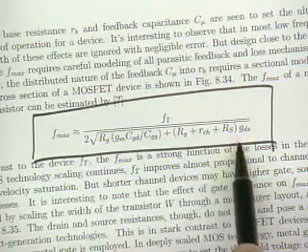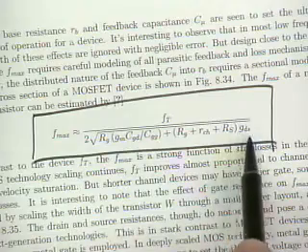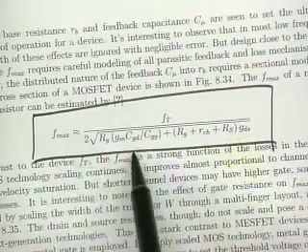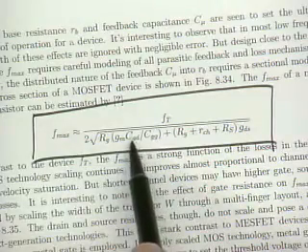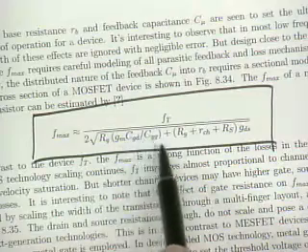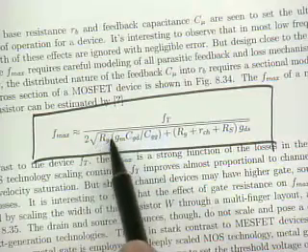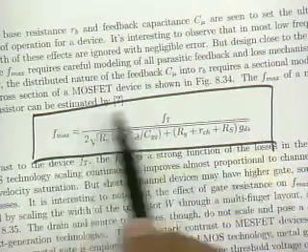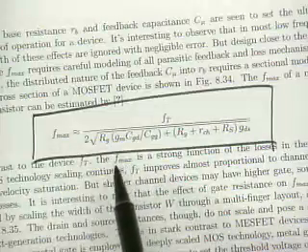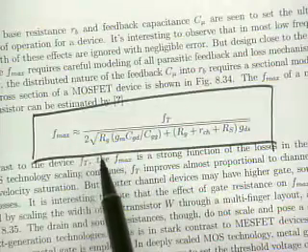This is also the GDS of the device, related to the output impedance of the device, so this is 1 over RO. And then here we have terms that are related to the GM of the device, the overlap capacitance related to the total capacitance, and the gate resistance. So this is the maximum operation frequency that we can get from the device.